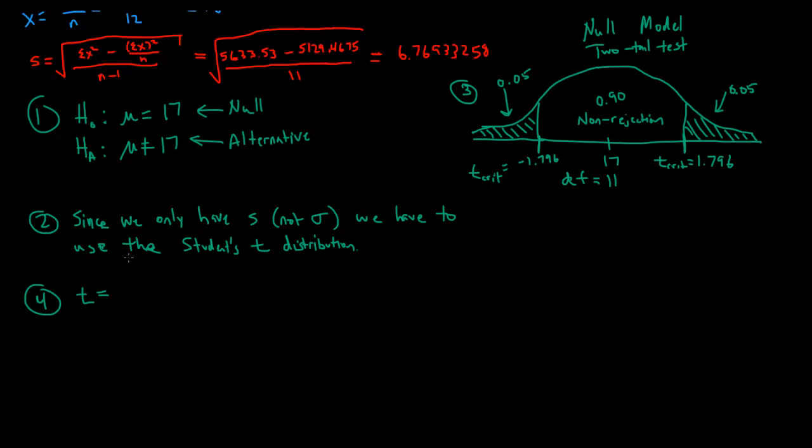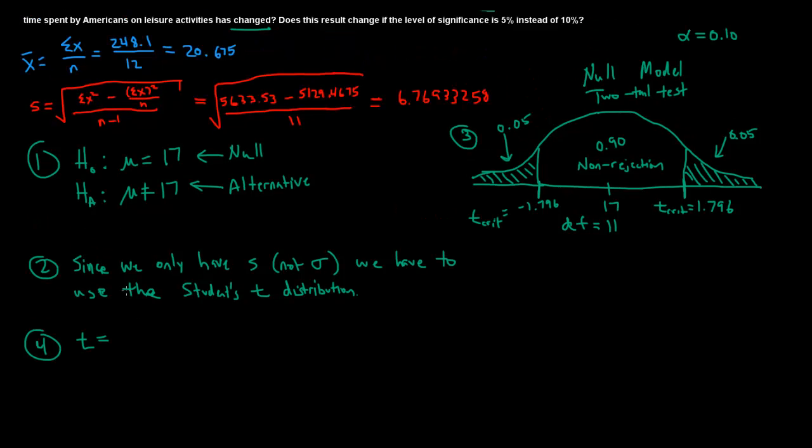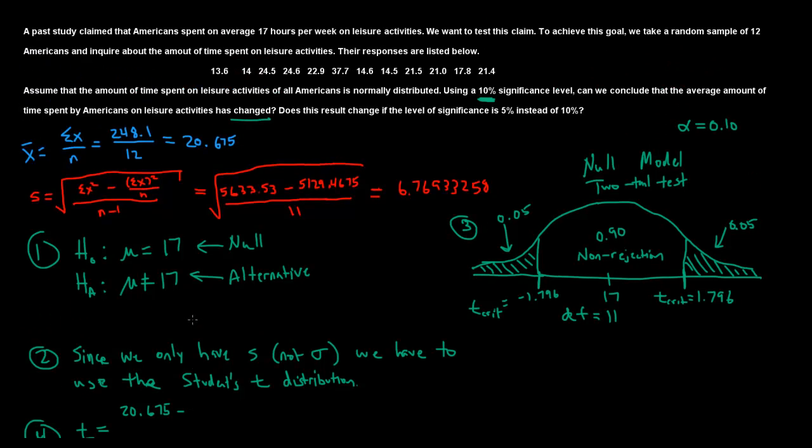So t, again, here is x bar, the average of our sample, the sample mean. What was that? 20.675. So we take 20.675, subtract off mu. Mu was up here, 17.